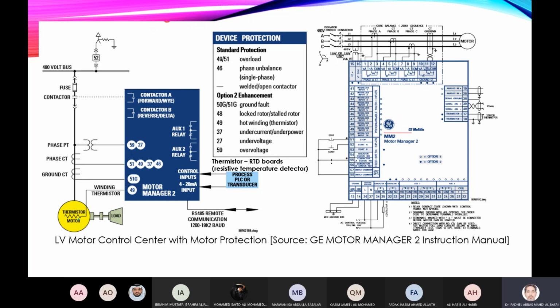Winding temperature sensors sense directly the temperature of the winding. Based on this, we know the local temperature of the winding, and we can trip or alarm if we exceed the limit. We have under current or under power protection, and under voltage and over voltage protection.